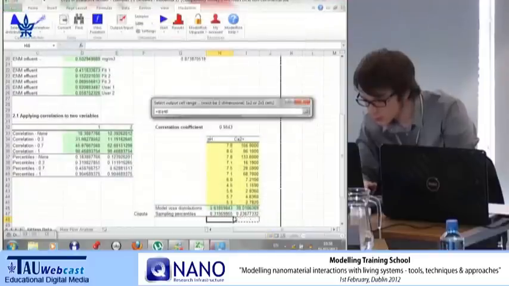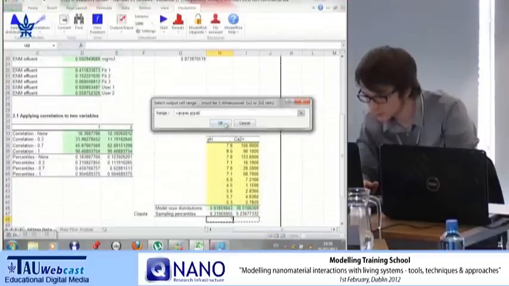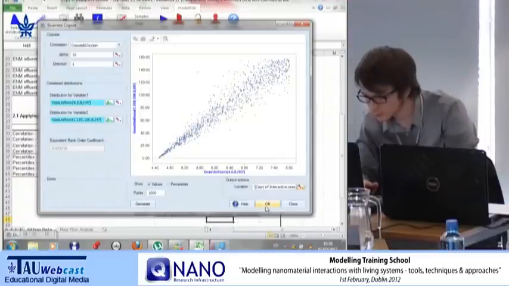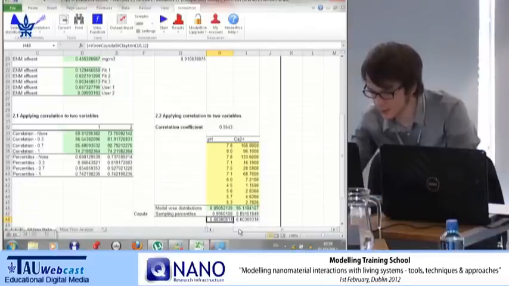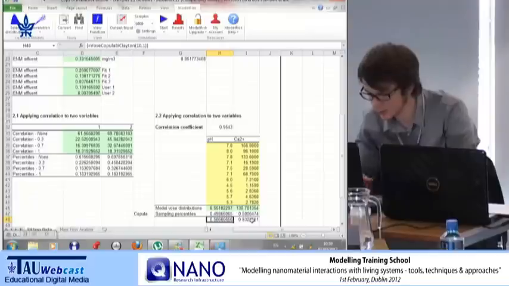And I want to show the sampling percentiles. You can see here, when this is sampling from the 68th percentile, this is sampling from the 60th. In the next case, when this is sampling from the 58th, this is sampling from the 83rd. In the next case, when this is sampling from the 87th, this is sampling from the 60th, 82nd, 91st.